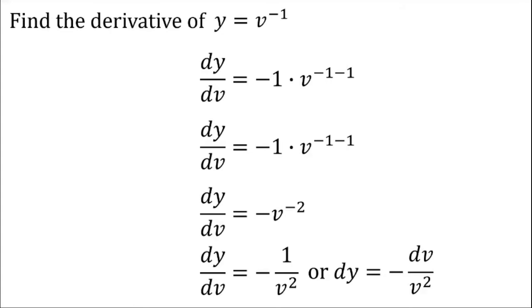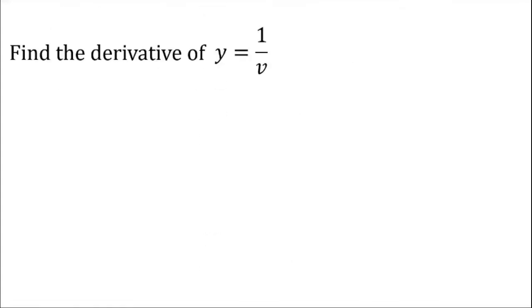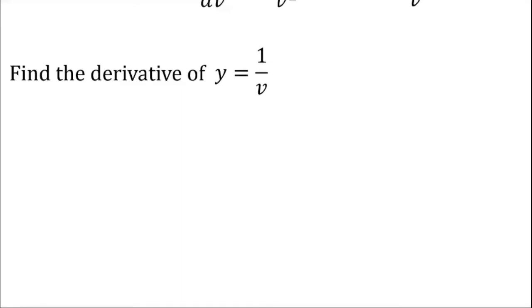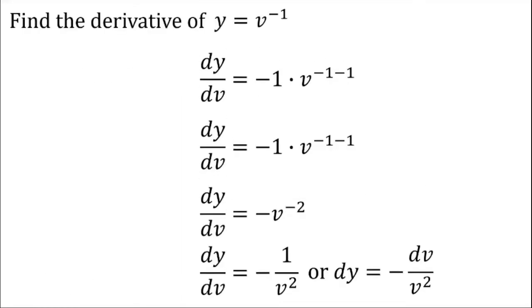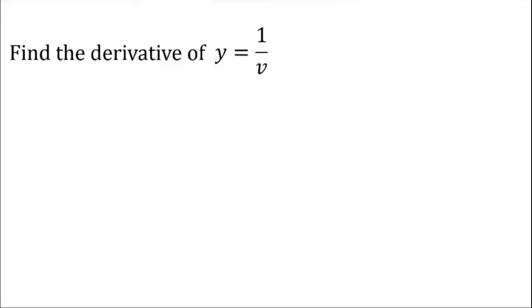Now, the given y equals b raised to negative 1 can also be expressed as y equals 1 over b, right? Now, the derivative that we have obtained here is negative 1 over b squared, or dy equals negative db over b squared.